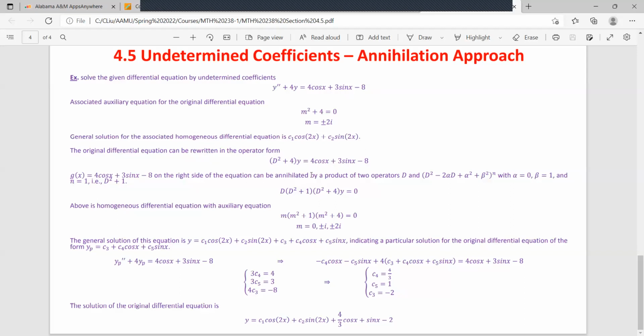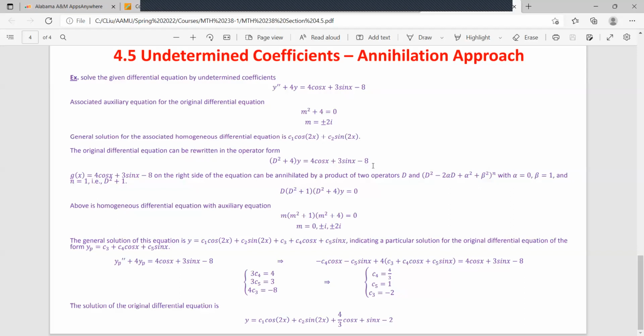And now we get to focus on the right side of the equation, 4 cosine x plus 3 sine x minus 8, that can be annihilated by a product of two operators, D and D squared minus 2 alpha D plus alpha squared plus beta squared. Then remember we discussed some examples on how to find operators to annihilate those functions.